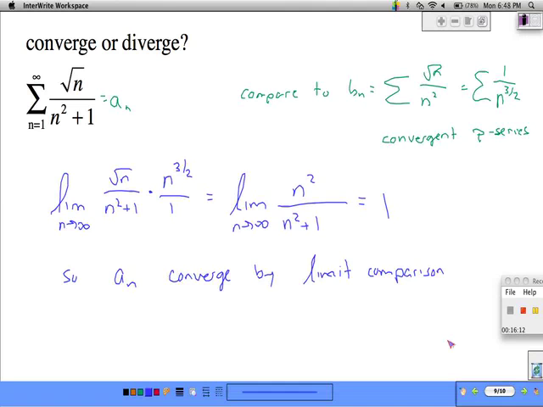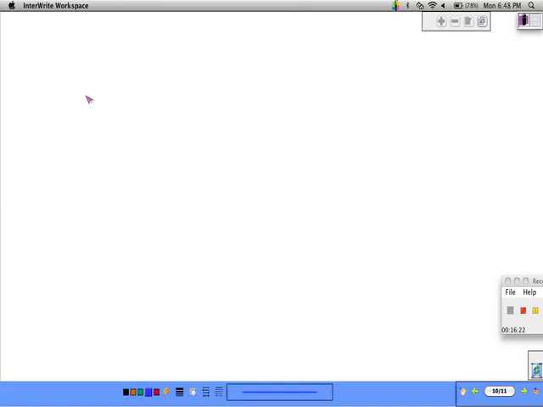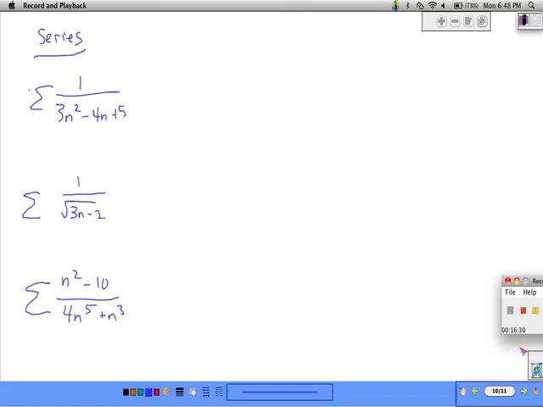Now I want to give you a few more examples to help you determine what we would compare things to. So I'm going to give 3 series here, and then I'm going to look at what we should compare this to. So here are 3 series.